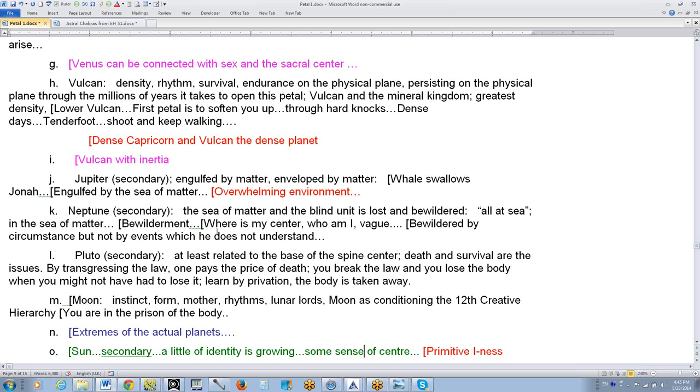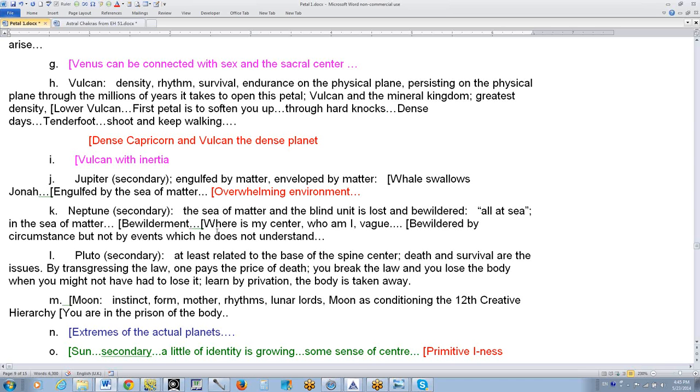Later in the Atlantean days, maybe, I think Philip Lindsay said in the fourth race and the third subrace, the group from the moon that had been individualized on the moon came in for further development. So it's the mother of the form, it's instinct form, it's the rhythm, it's the lunar lords, which we think we are. So moon is conditioning the 12th and lowest grade of hierarchy, and you are indeed prisoner in the body.